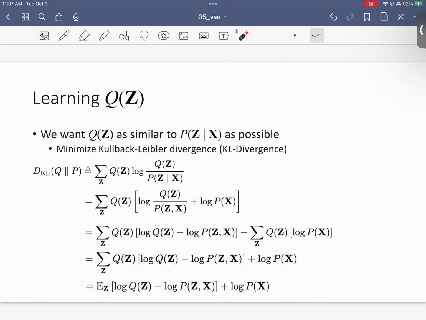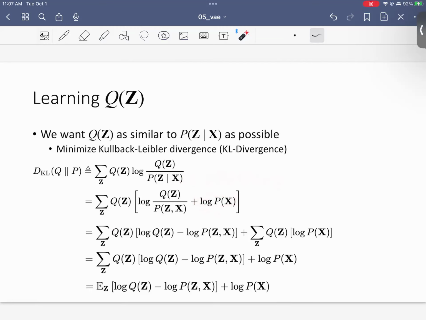What we do here is take P(X) out to here, so now this becomes a joint distribution, P(X, Z). So P(X) goes over to this side.